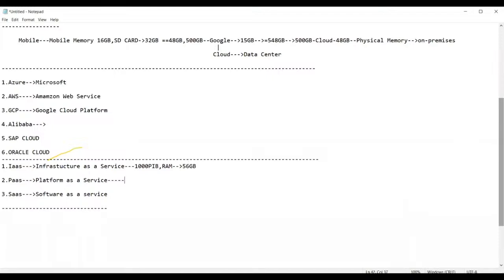Next after this, platform as a service. Suppose, guys, what is a platform? A platform is generally a type of operating system. Now guys, we are using Android as an operating system, and Apple is using some other operating system.